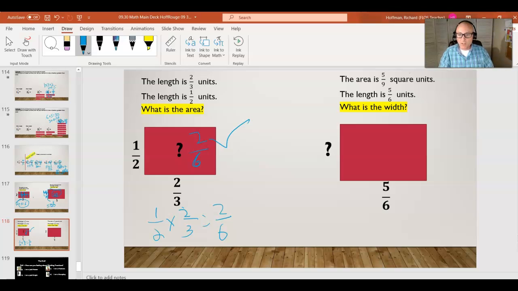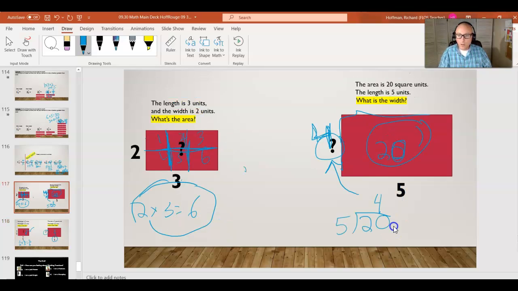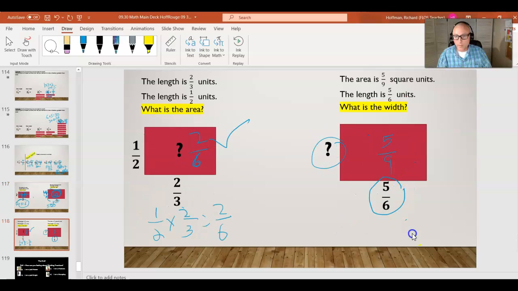Okay, what about here? Division. So now they give us the area is 5/9. So how are we going to find the width? We're going to divide. You're going to take the bigger number, just like we did back here, and divide by this one. So we better do the same thing here. Better take the 5/9.